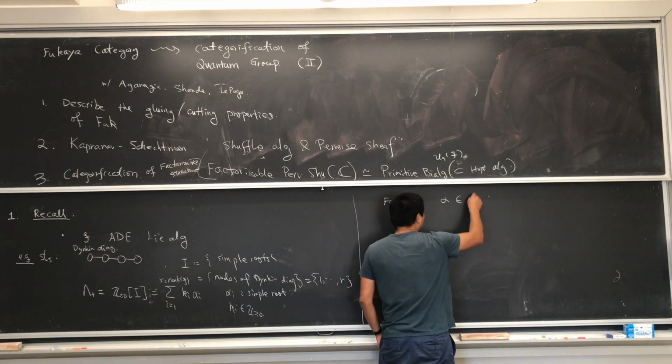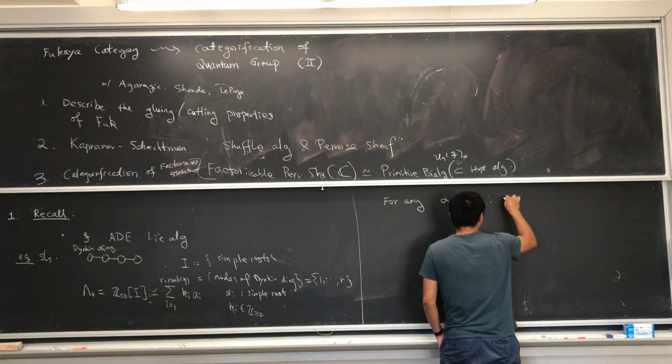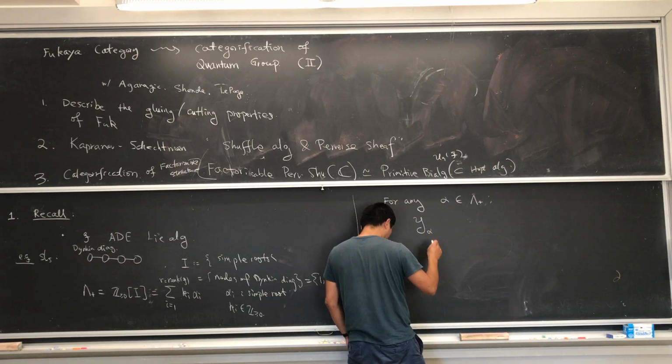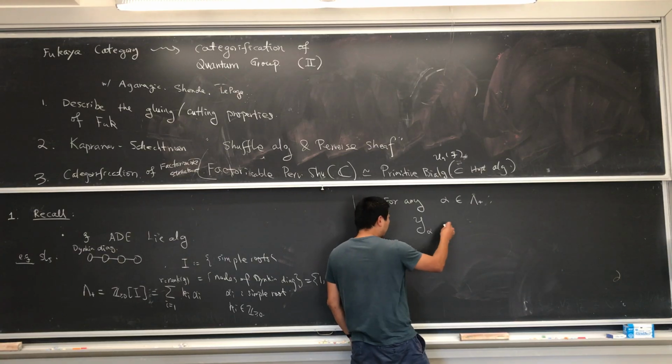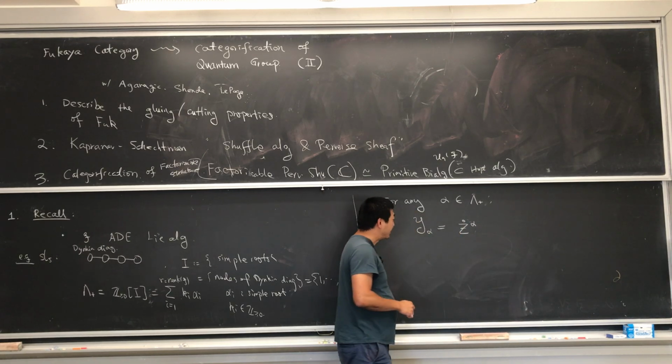Okay. So lambda plus. And we have a space for any alpha inside lambda plus. We have a space called Y alpha, which is the same as, I'm just going to use some changing name for notation.